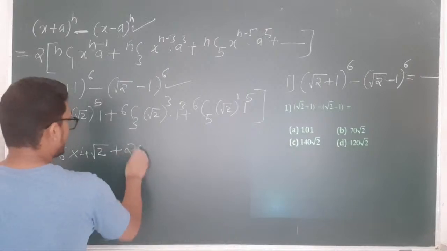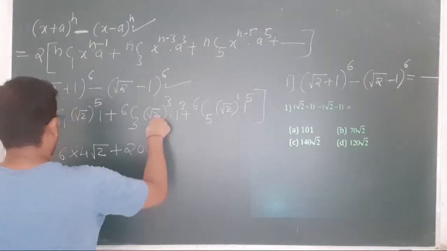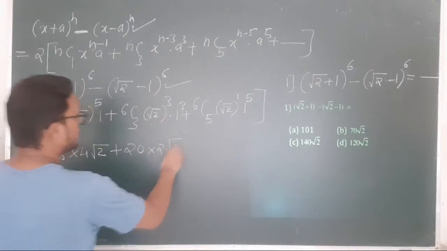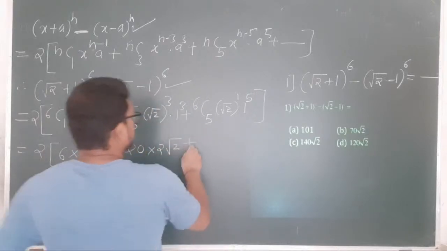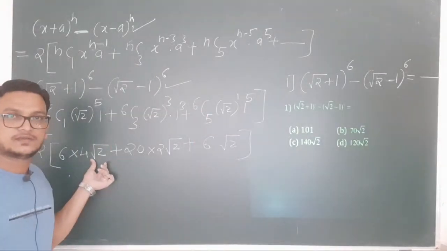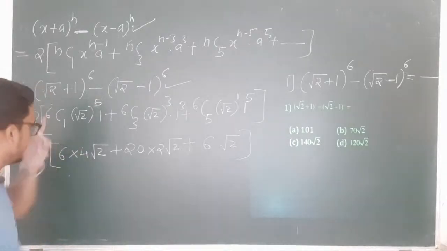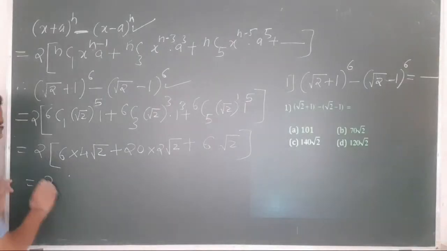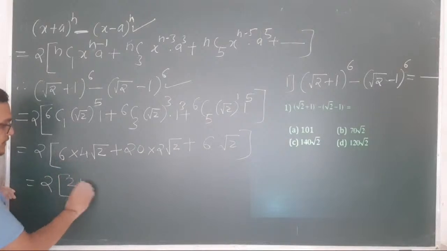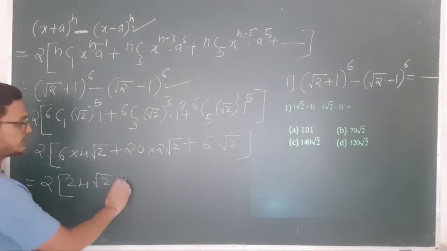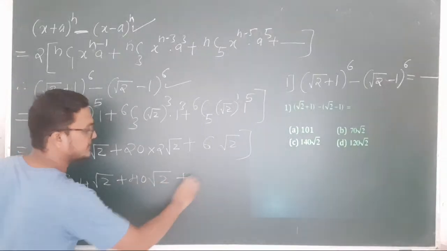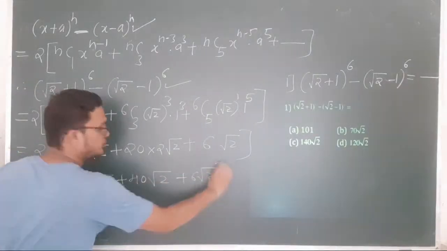When you simplify, you will get 20, and root 2 to the power 3 can be written as 2 root 2, plus 6C5, which is 6. Simplify and see. Next, 2 into 6 into 4, 24 root 2, plus 40 root 2, plus 6 root 2.